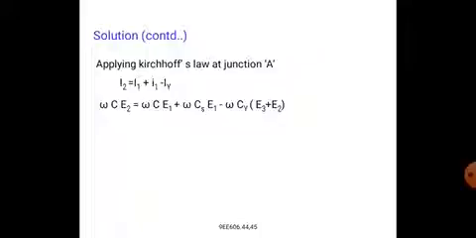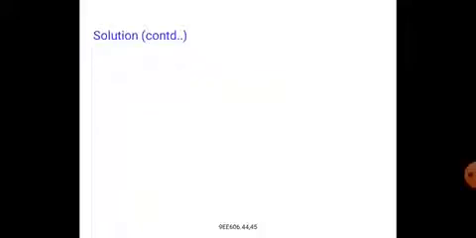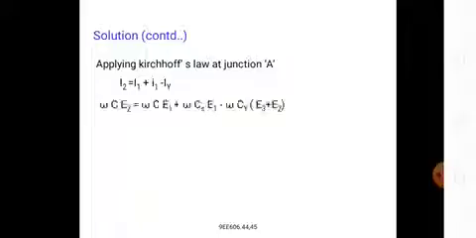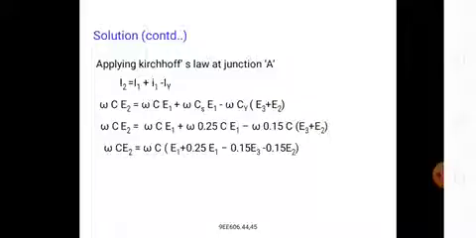That is, ωC into E2 is equal to ωC into E1 plus ωCs into E1 minus ωCy into E2 plus E3, since the voltage across the junction is E2 plus E3.